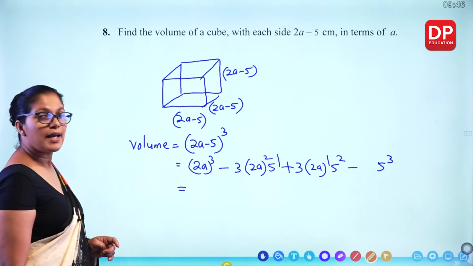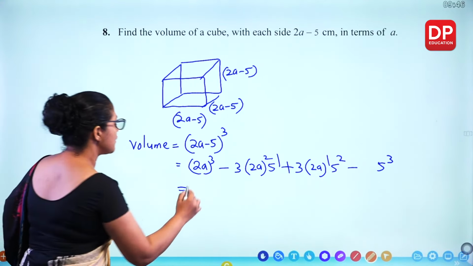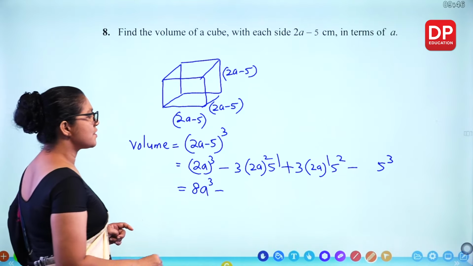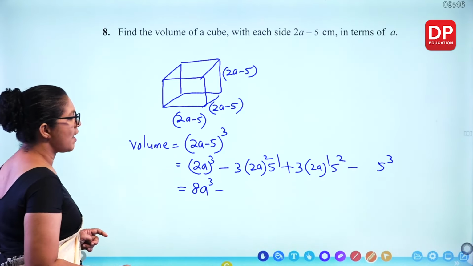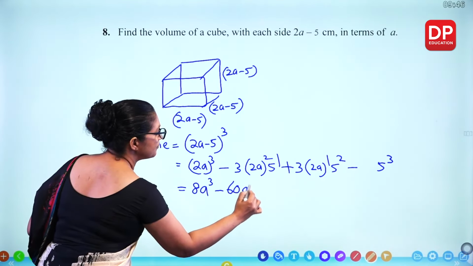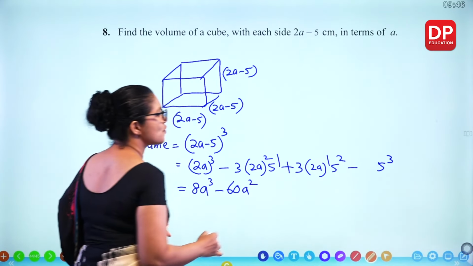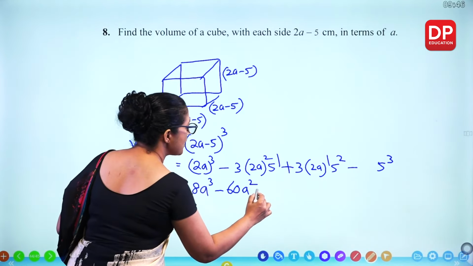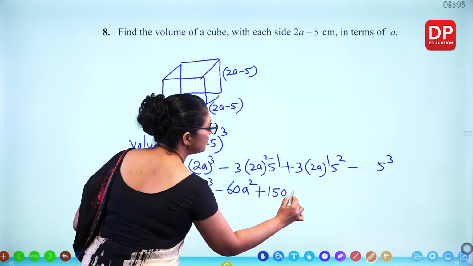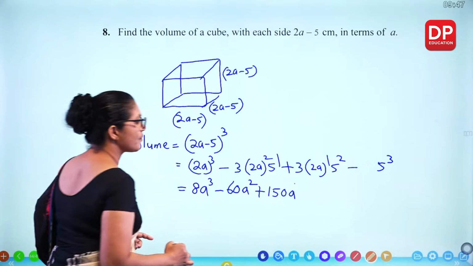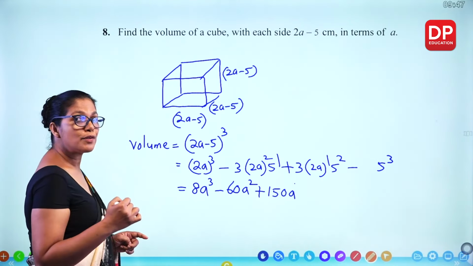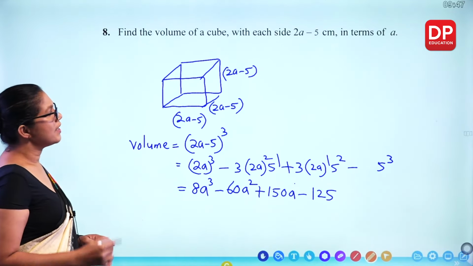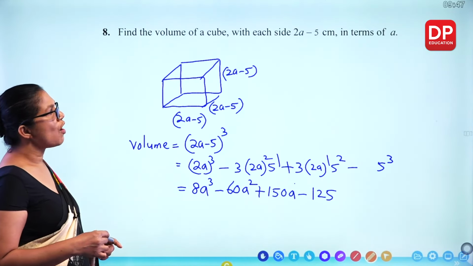So here, expand and write down. 2 to the power 3 is 8. 2 to the power 2 is 4. 4 times 3, 12. 12 times 5, 60. Here 5 times 5 is 25. 25 times 2, 50. 50 times 3, 150. And then last term, 5 to the power 3, you get 125. So here this is the volume in terms of a.